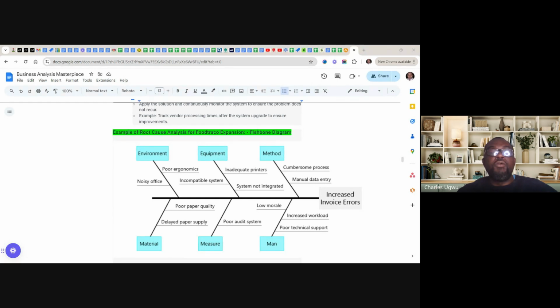I created this halfway, so you have to go finish up creating this fishbone diagram. I will download the one created and add it in the lecture notes. So that's what I'm going to do now. The half job I did, because you guys are going to help me finish it up.